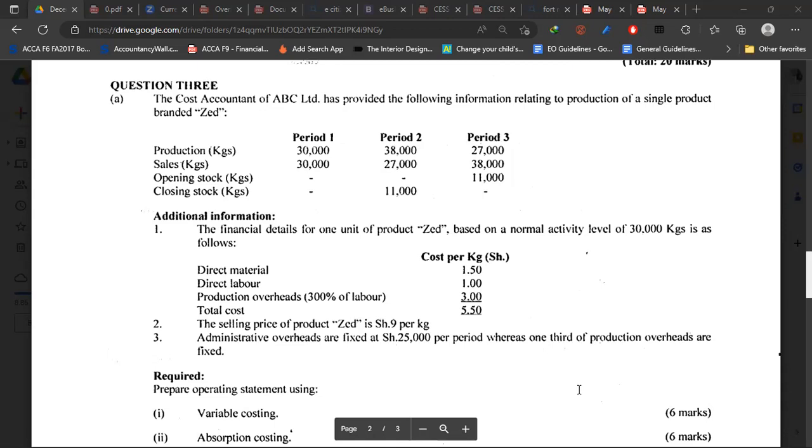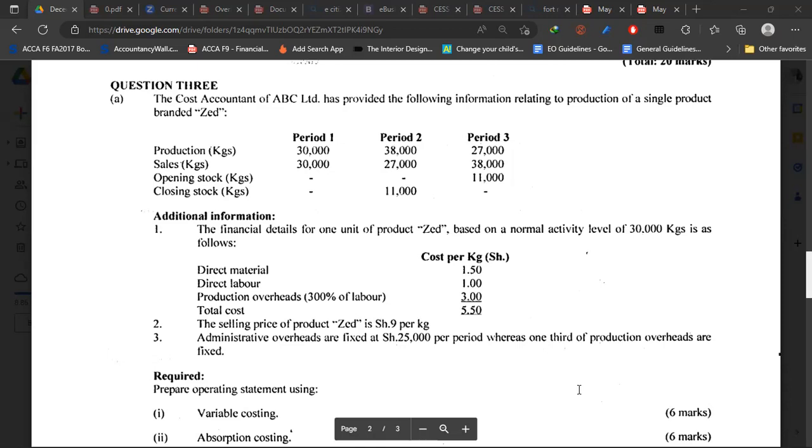Cost per kg: direct material 1.5, direct labor 1.0, production overheads 300% of labor 3.0, total cost 5.5. The selling price of product Z is 9 shillings per kg.